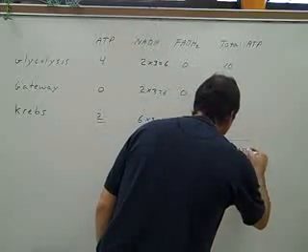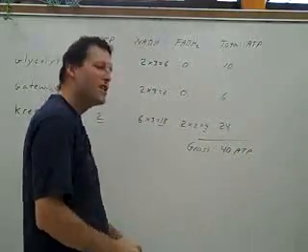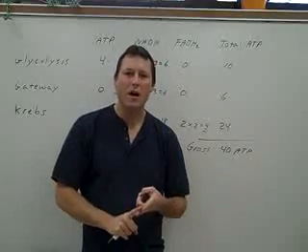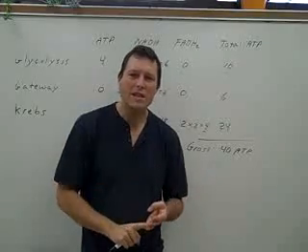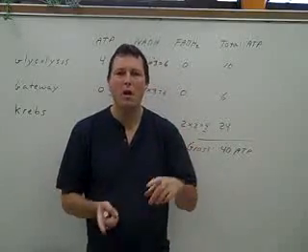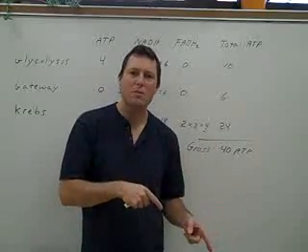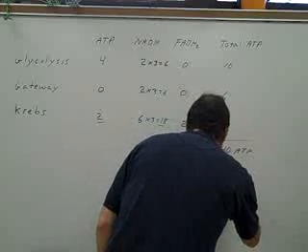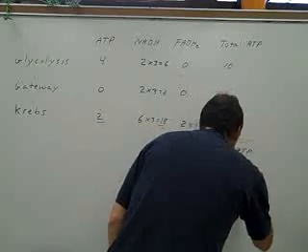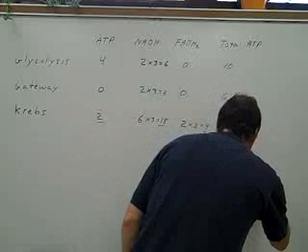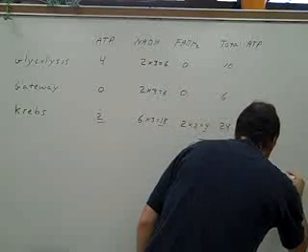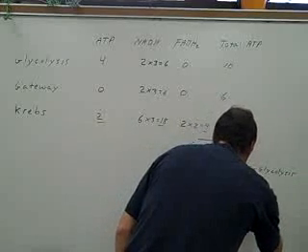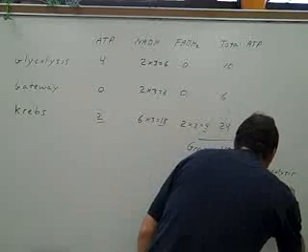So 40 ATP gross. However, that's not my profit. If you recall, I had used 2 ATP to get glycolysis going, and then 2 more ATP to transport each pyruvate molecule from the cytoplasm into the mitochondrial matrix. So I'm going to go ahead and keep track of that. Minus 2 ATP for glycolysis, and minus 2 more ATP for active transport.